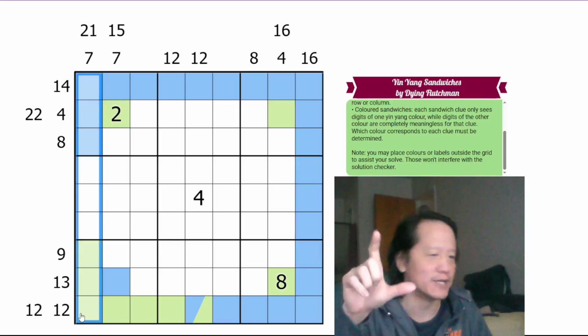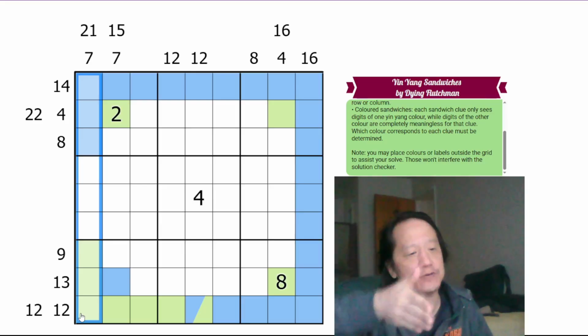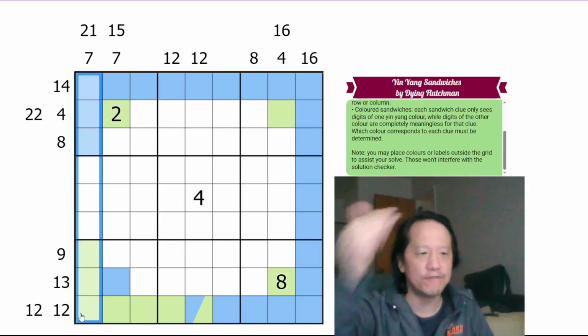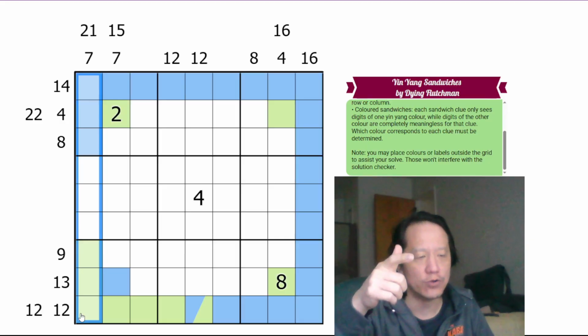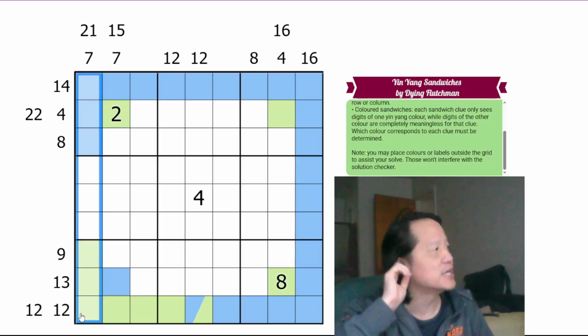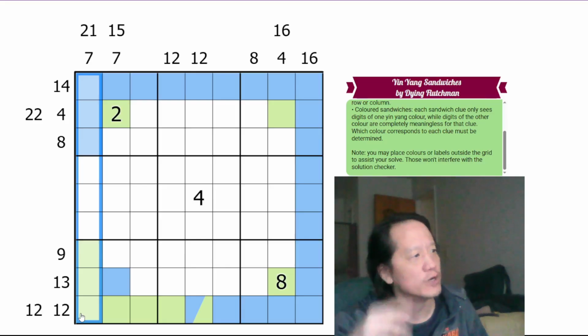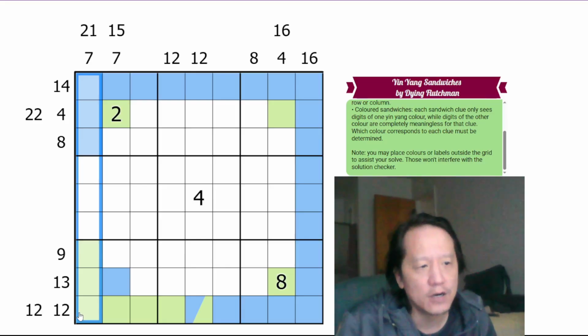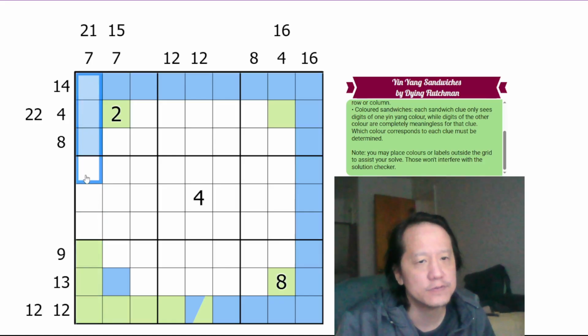The 21 has to be between 9 and some other number. But 1 and 4 at most will only have 2 and 3 in between those, and that's only adding up to 5. So it has to be then 1, 2, 5, and 9 are the outer bumpers. And you then have to have 1, 2, 5, and 9 there.